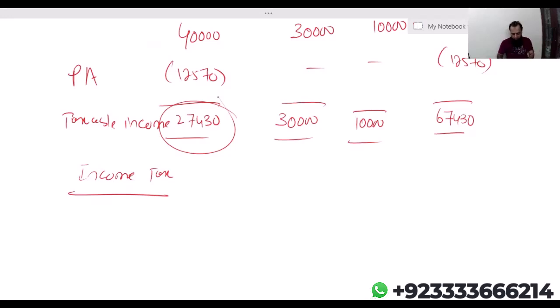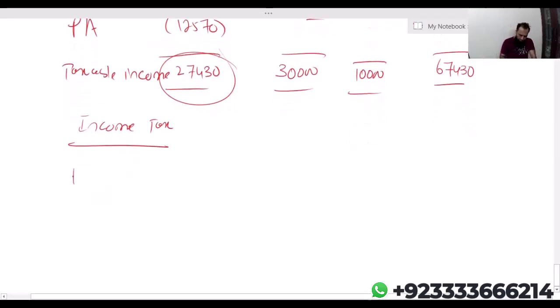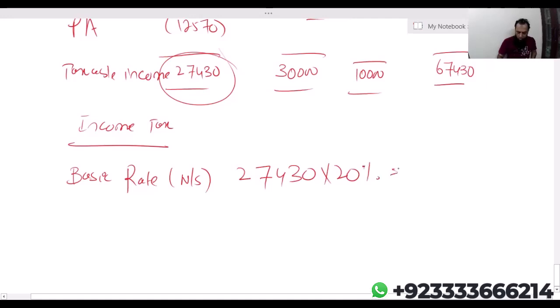So let's apply 20% basic rate, and we are dealing with non-saving. It has to be first always. Applicable tax rate 20%, 27,430 into 20%. I'm getting 5,486.